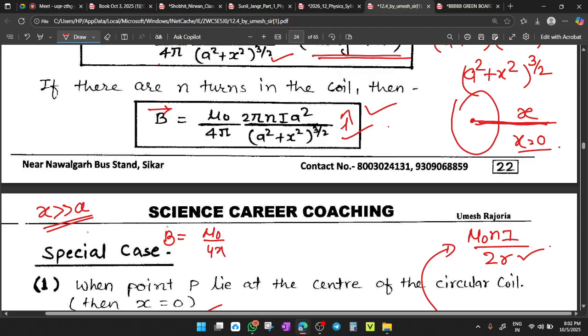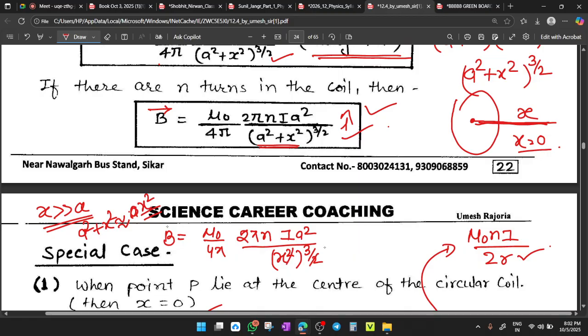If x is very very greater than a, then a square plus x square is approximated as only x square, because the radius can be considered as very small. So mu naught upon 4 pi, 2 pi n I a square upon, now a square plus x square becomes what? x square whole to the power 3 by 2.